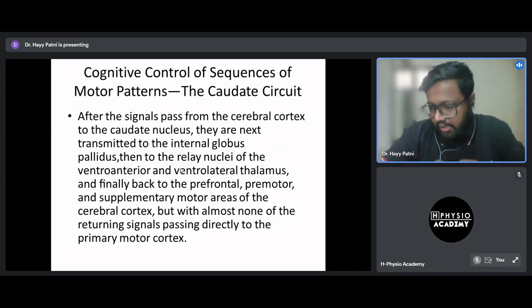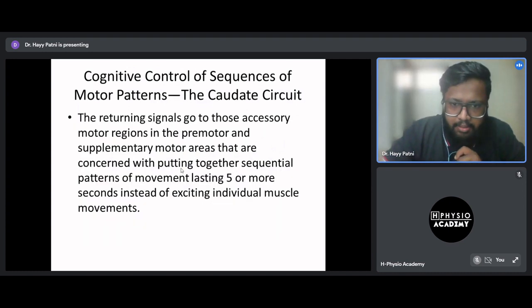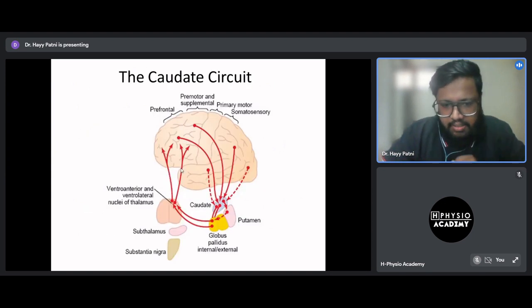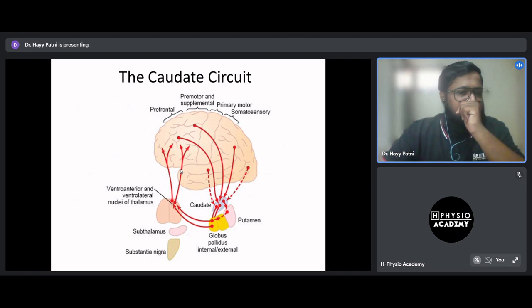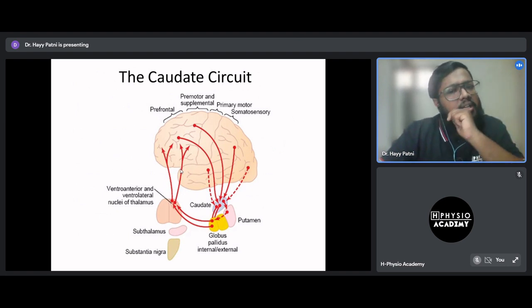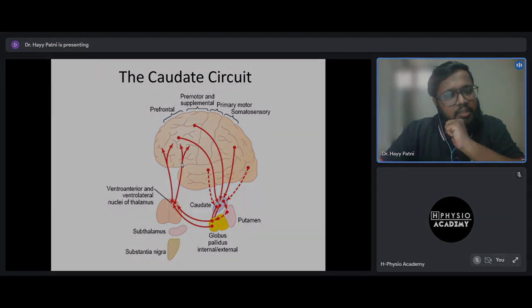Now we'll be moving towards the circuit. Okay, here is the circuit itself. Understand, when we were discussing the putamen circuit, we were getting some connections directly from the primary motor area, but that is not the case here. So you can see that we are getting a caudate circuit.